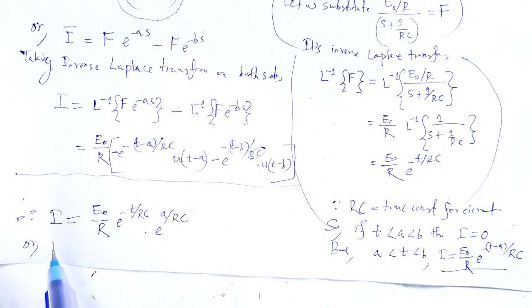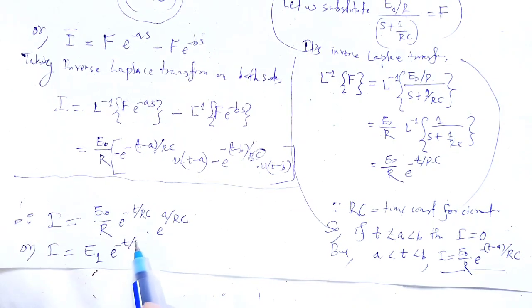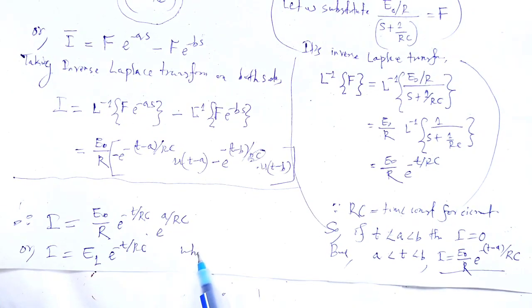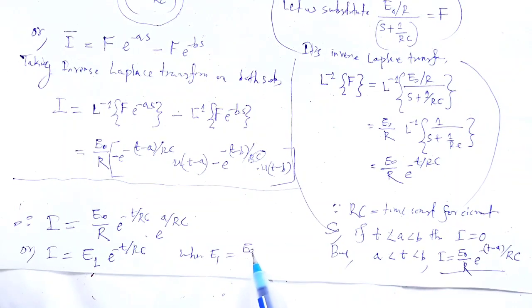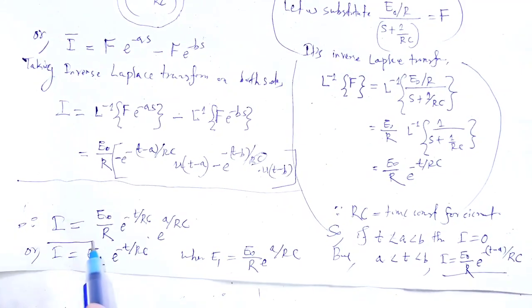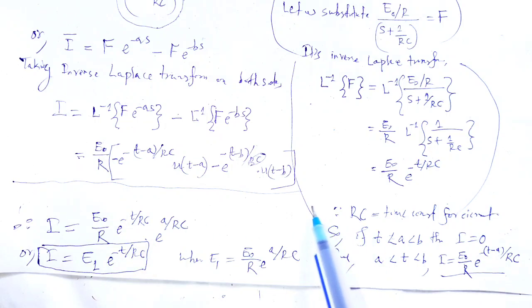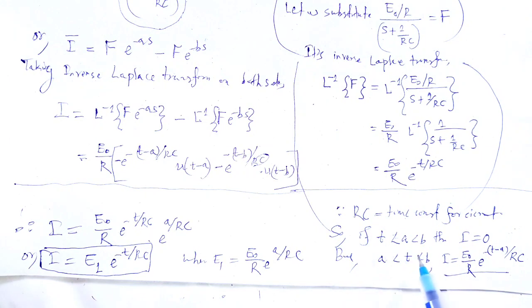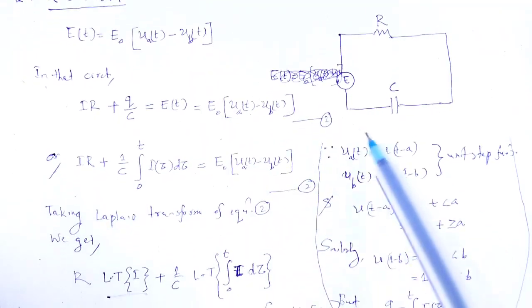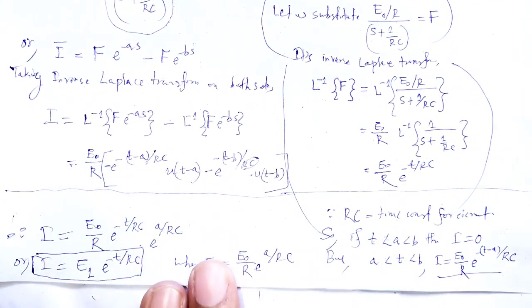Or I is equal to E1 e to the power minus t by RC, where we take E1 is equal to E naught by R e to the power a by RC. By using that expression and putting that value, we have the required expression for current for the RC circuit by using the Laplace transform concept.